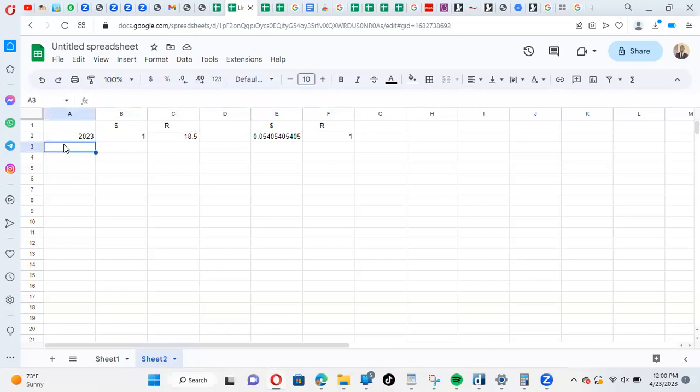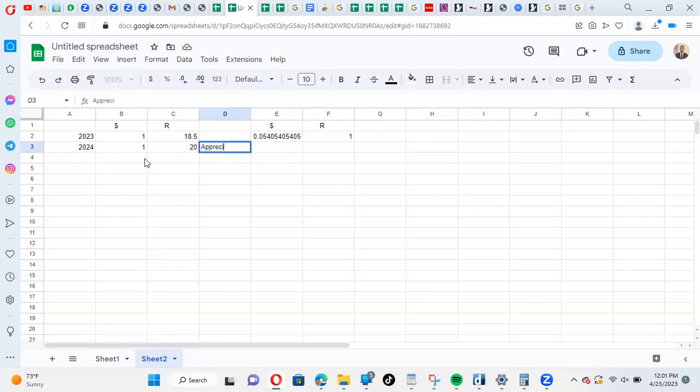All right, so say in 2024 something changes in the exchange rate. Let's say $1 is now worth 20 rands. You can already see that the US dollar has strengthened. That is an appreciation, it's worth more.